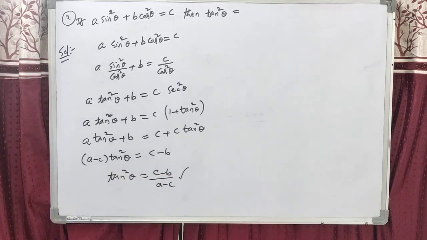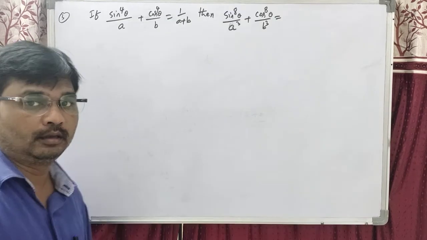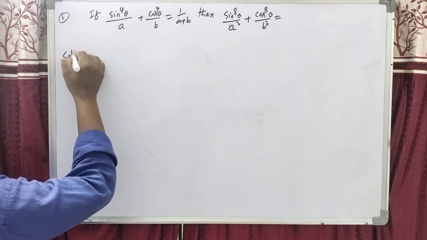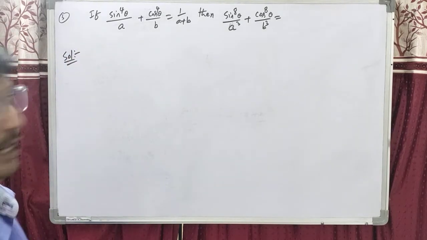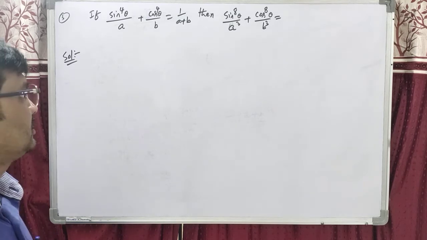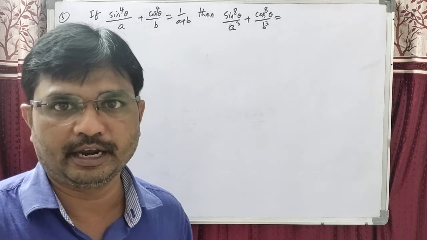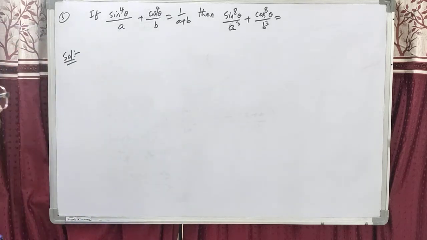Okay students, my dear students, here sin power 4 theta by a plus cos power 4 theta by b is given by 1 by (a plus b).